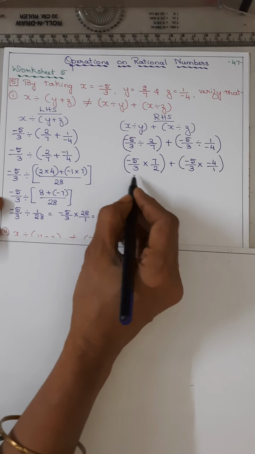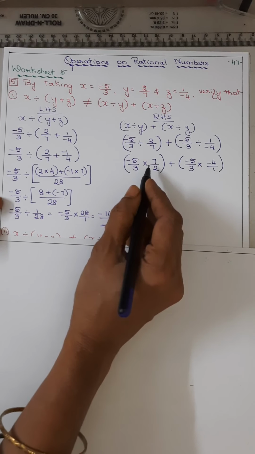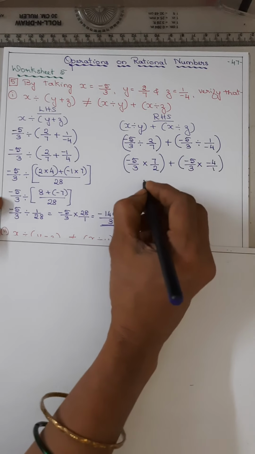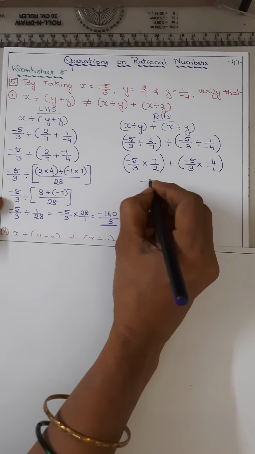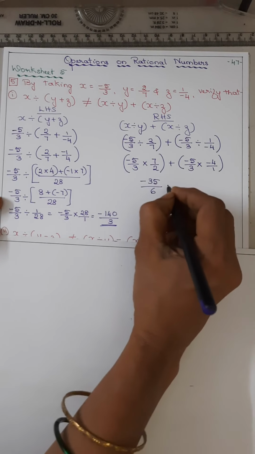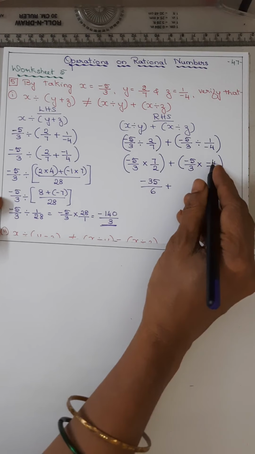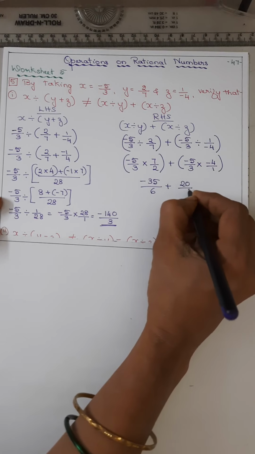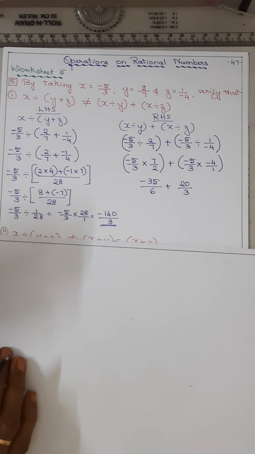Now cancellation is there? No. Here also is there any cancellation? No. Minus plus minus, 5 3s are... 5 7s are 35. Here it is 3 2s are 6 plus, here minus minus plus, 5 4s are 20, 3 1s are 3.